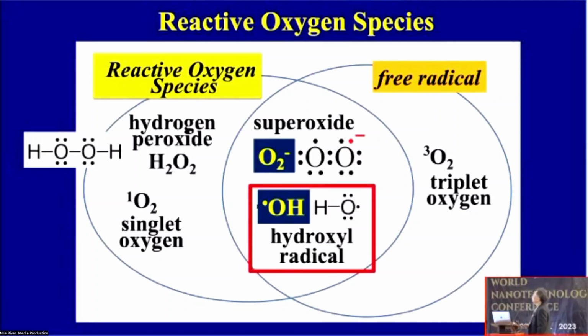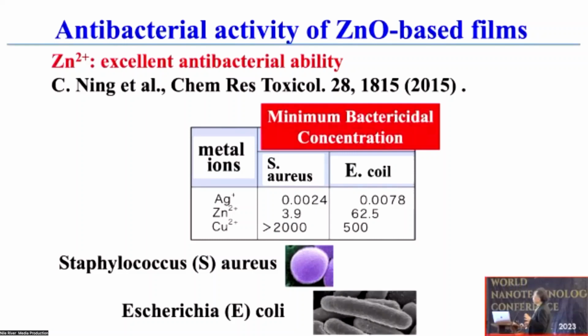And the use of reactive oxygen species such as hydrogen peroxide, superoxide, and hydroxyl radical is the crucial issue for developing antibacterial materials. And as you know, silver plus, zinc 2 plus, and copper 2 plus ions exhibit excellent antibacterial ability.